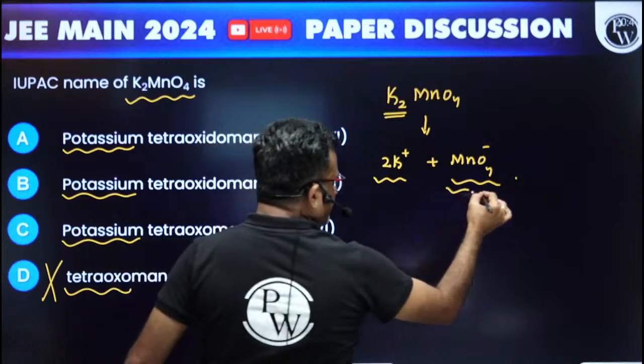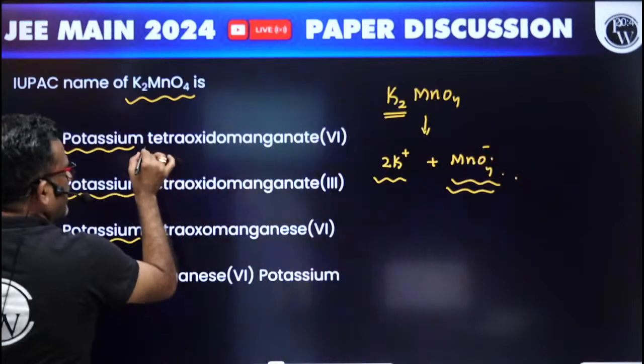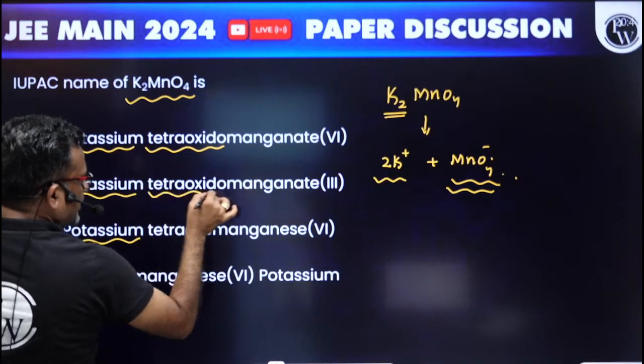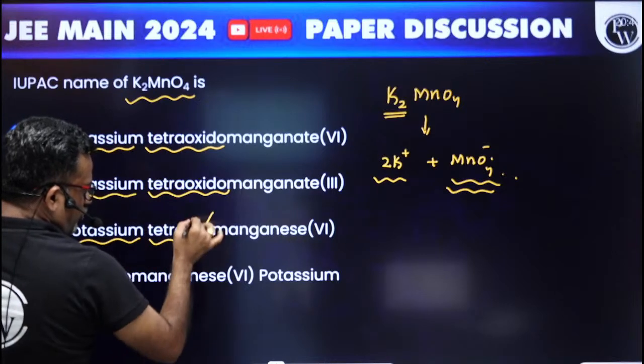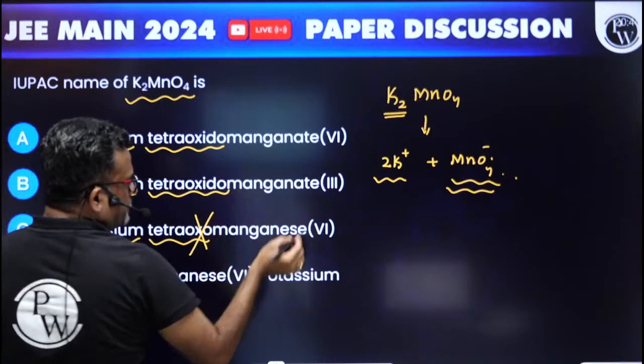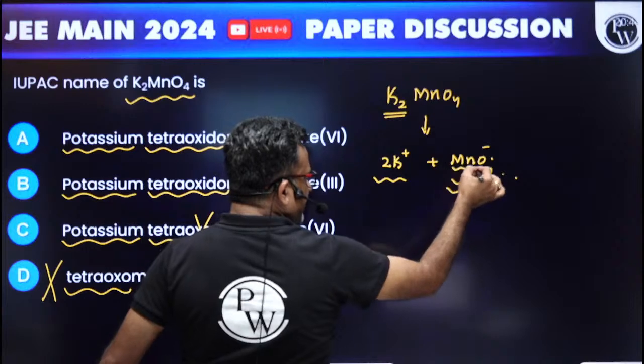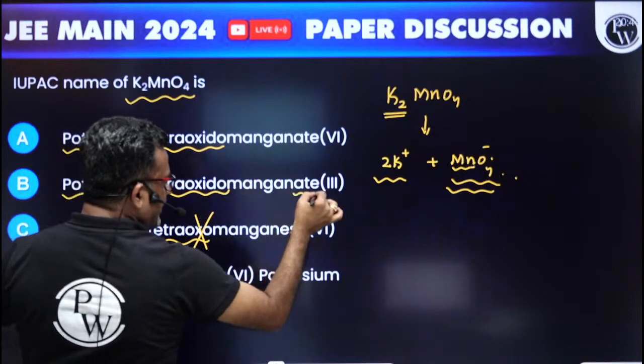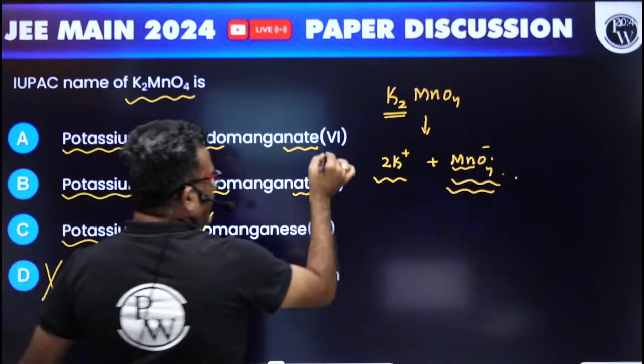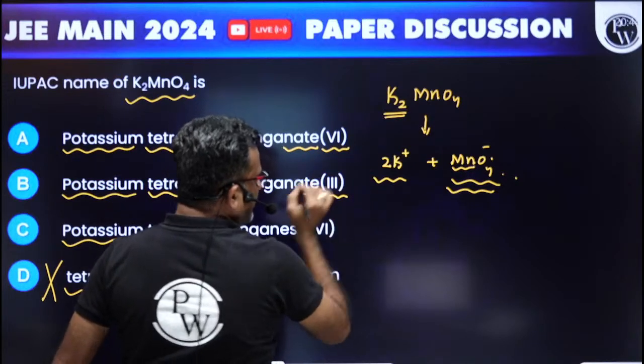After that, this one: tetraoxido. Tetraoxo is wrong; it is tetraoxido. A negative ion should end with -ate: manganate. Okay, but what is the oxidation number of manganese?